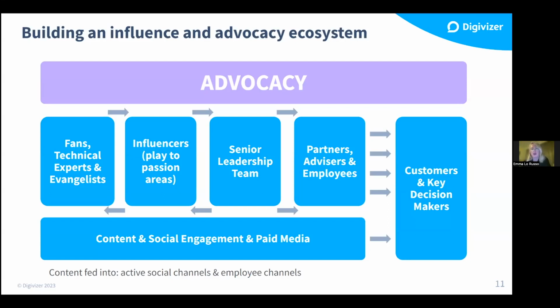And of course, unlocking those partners and advisors and employees. When you have all of that going on top of your branded content, your social engagement and paid media, this can be one of the most effective content engines in terms of earning media that you can repurpose back into your funnel and actually show that you really are genuinely focused on that customer, and you're able then to influence people in market.